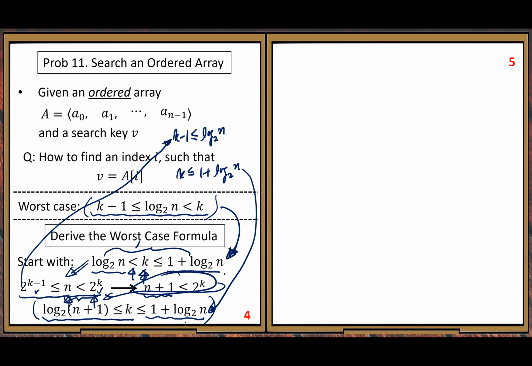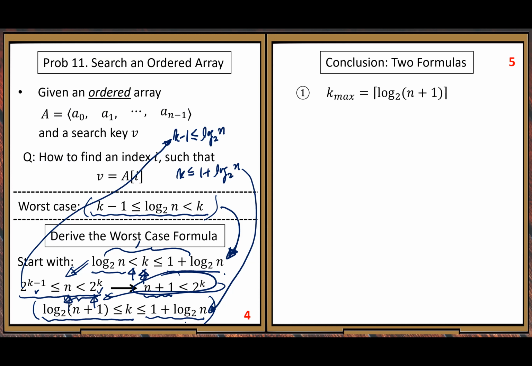How do we get integer expression? Our goal, we want to find the integer expression. How to get that? Conclusion, two formulas we have for the integer expression.